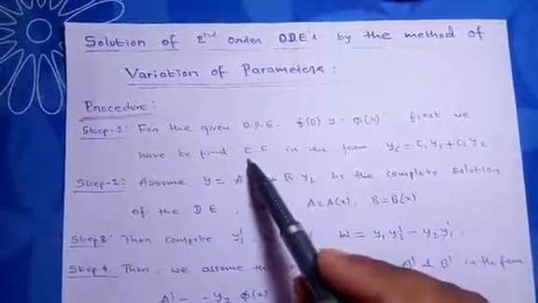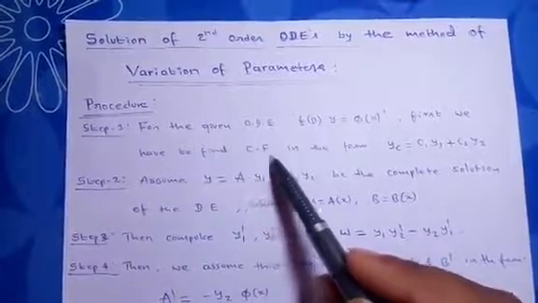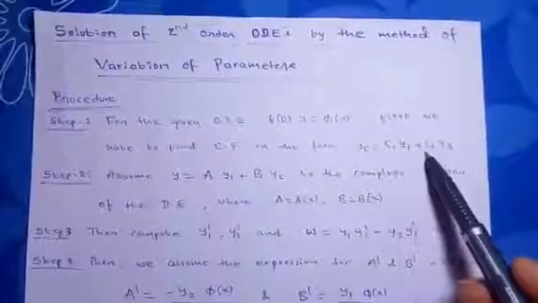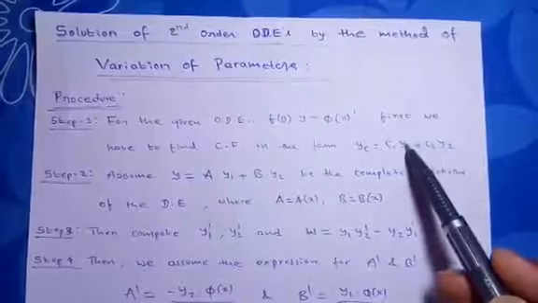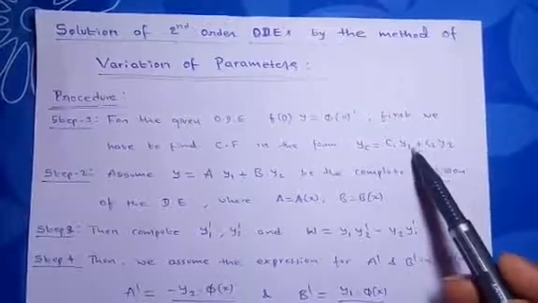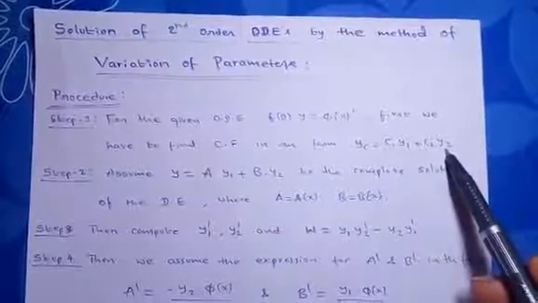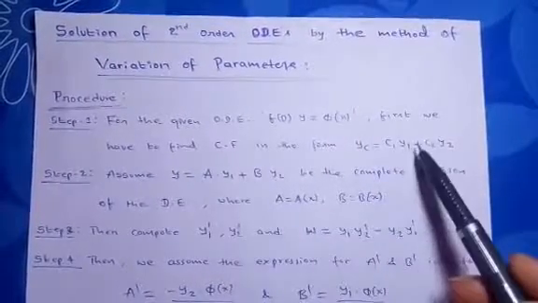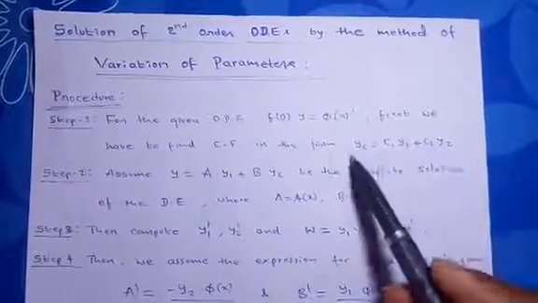By the nature of roots, write down the complementary function in the form yc equals c1 y1 plus c2 y2. Here c1, c2 are unknown constants, y1 and y2 are the solutions based on the roots of the auxiliary equation.